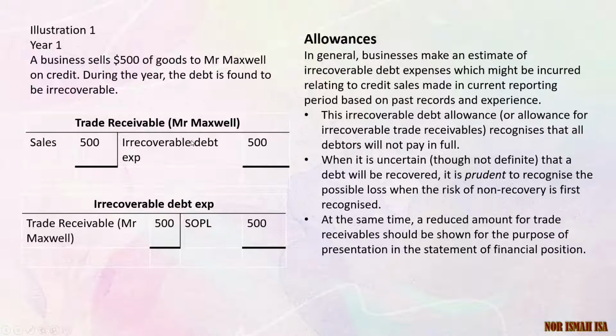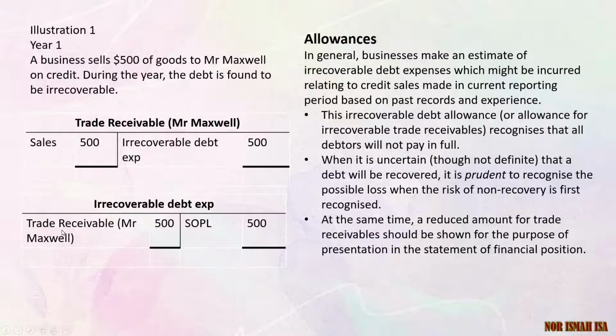A business sells 500 of goods to Mr. Maxwell on credit. During the year, the debt is found to be irrecoverable. Since this receivable, Mr. Maxwell, is identified as irrecoverable, his account should be closed by crediting the trade receivable for Mr. Maxwell 500, and this amount should go to irrecoverable debt expenses.